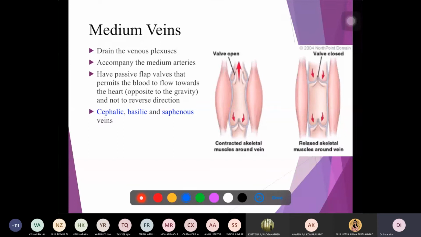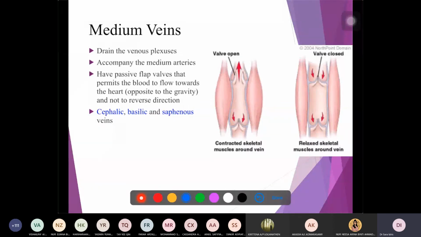Okay, and what's important about these medium veins is that they have these flaps, these valves inside the vein, to allow blood to move in only one direction. So it will prevent blood from going back, to regurgitate in the opposite direction.